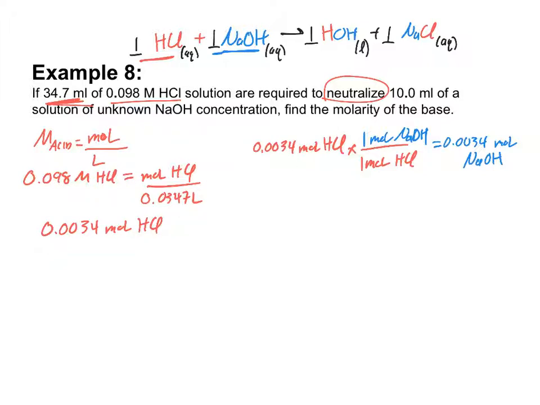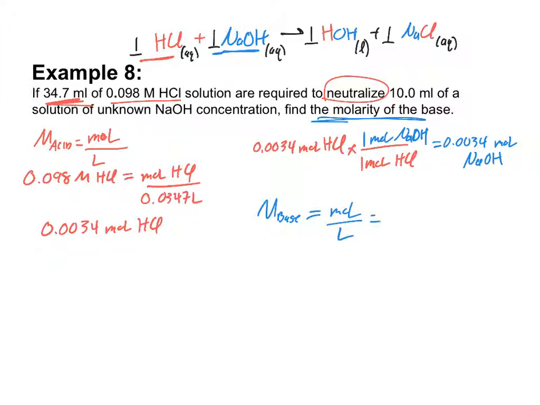So now that I know the moles of acid and the moles of sodium hydroxide, in order to find the molarity of my base, I'm going to take molarity of base is equal to moles over liters.